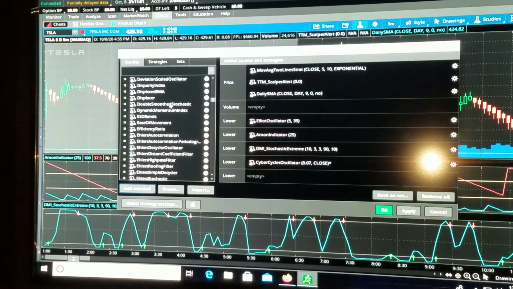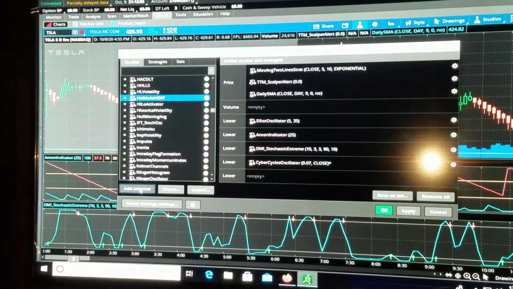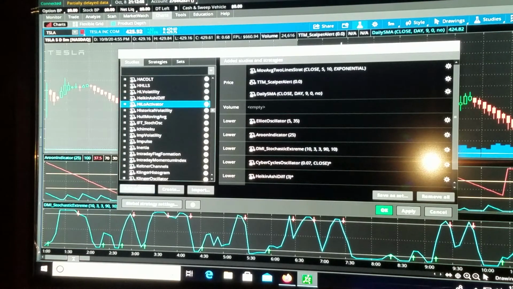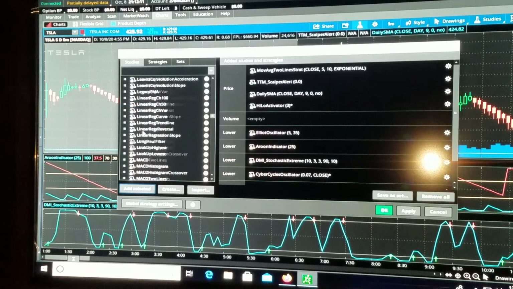Do double smooth stochastic, displace DMA. MACD with 2 lines, MACD crossover. Look up highest, long haul filter. What's this?